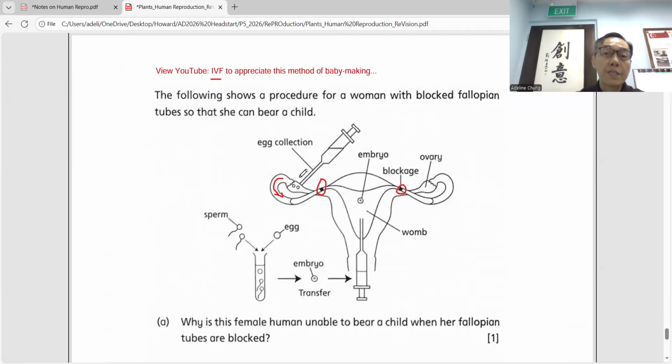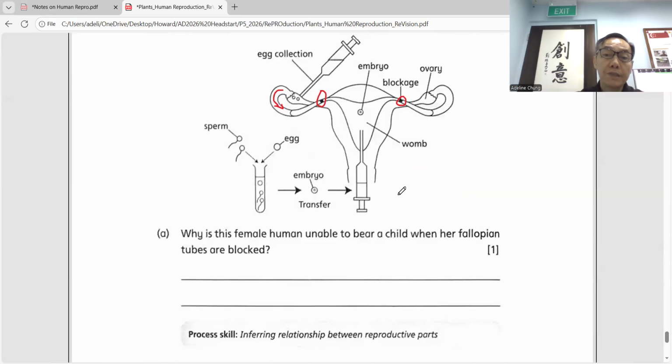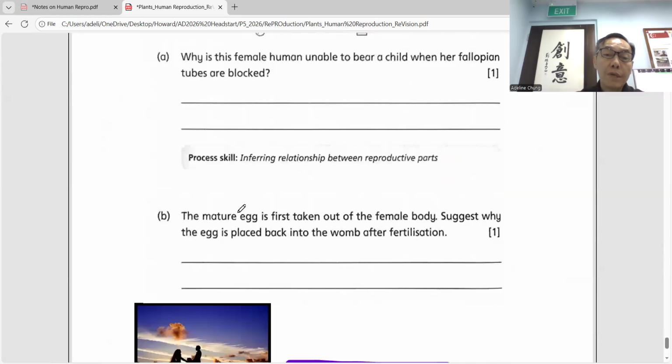The doctor will extract the eggs after giving the woman some hormones to produce more eggs. They put the eggs on a petri dish and then use the sperm to fertilize the egg. Once the egg is fertilized, they inject it back into here.